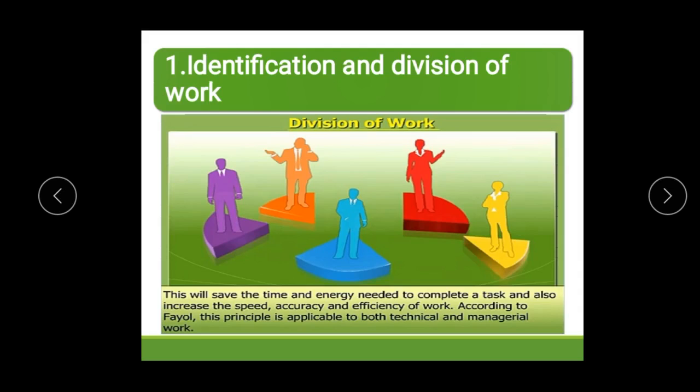So here 3 main activities, or we can say the 3 main works, have been identified. First one is purchasing, second one is production, and the third one is sale. We have identified the work and we will divide this work. Why divide this work? Because this will save time and energy.